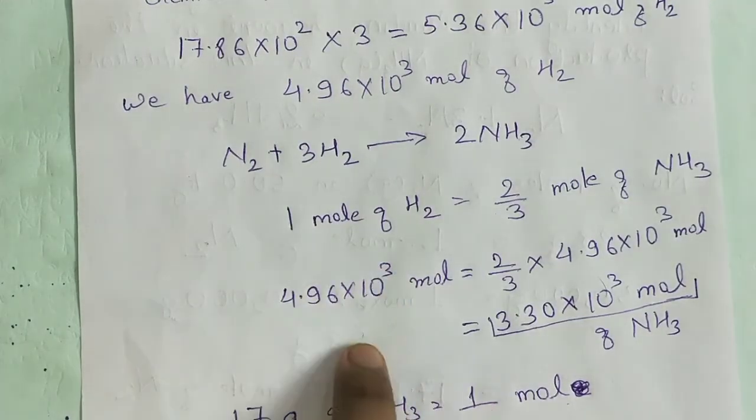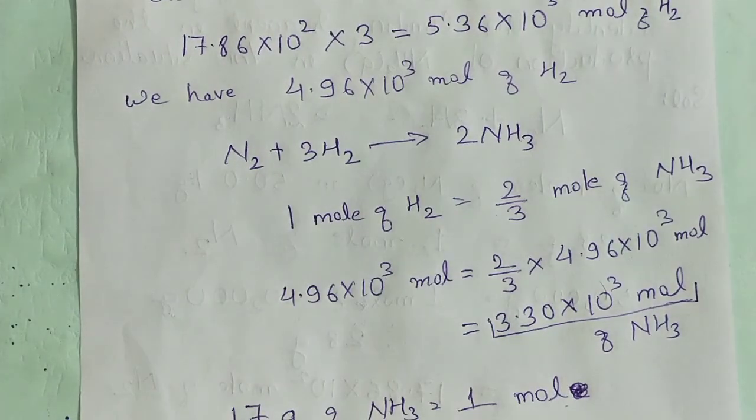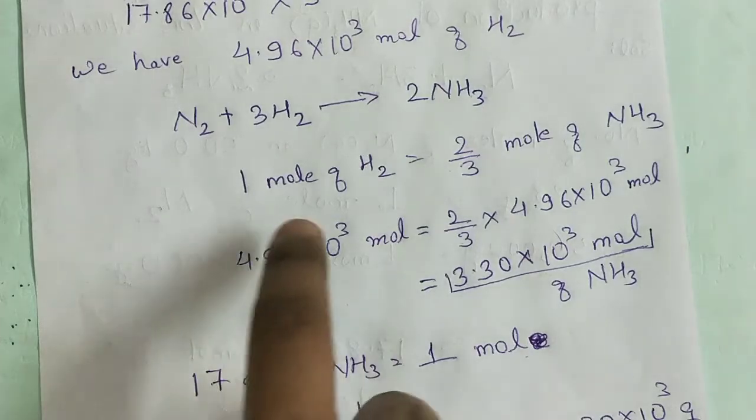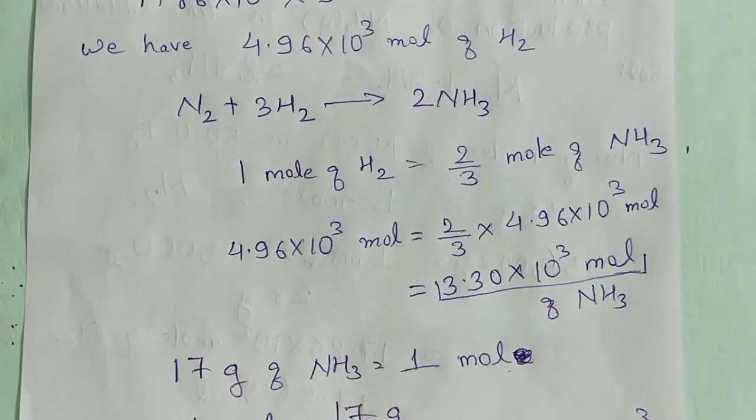We knew the moles of hydrogen available to us, and from there we calculated how many moles of ammonia will be generated in this chemical reaction.